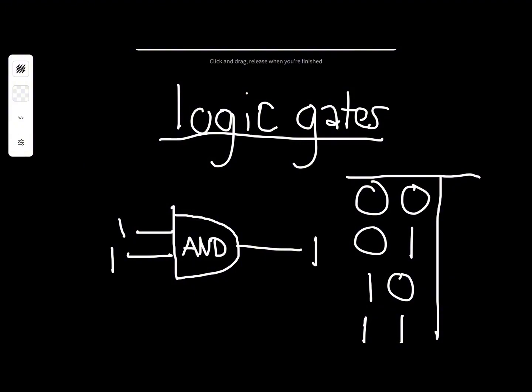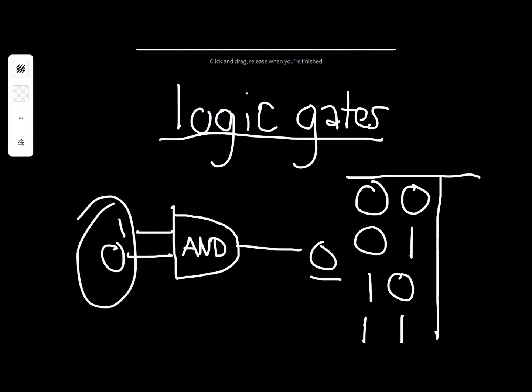And if there's anything else, let's say a 1 and a 0, this is going to be equal to 0. So essentially the AND gate detects if there's both 1s on this side, and if there isn't both 1s, then it creates a 0.